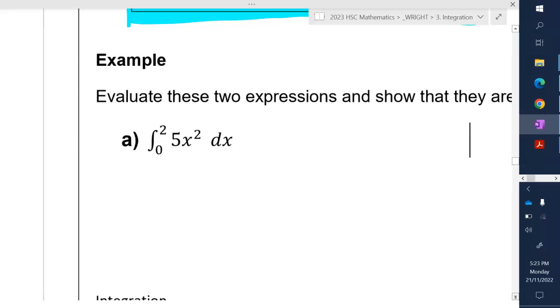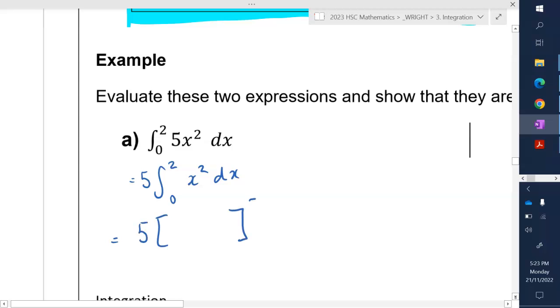But we don't really need to know that because we know what rules we can do. So I'm going to pull the 5 out the front to make it a little bit easier. And what that allows me to do is to leave that 5 out the front of these brackets when I find the primitive, so I don't have to deal with the 5 twice when I pop my values in. I can just do it once.